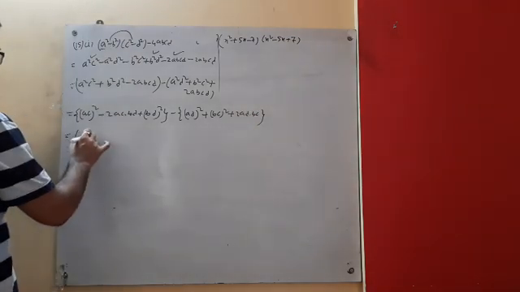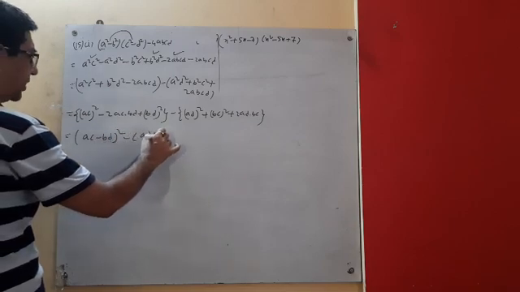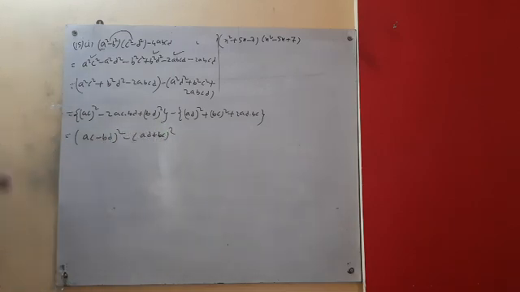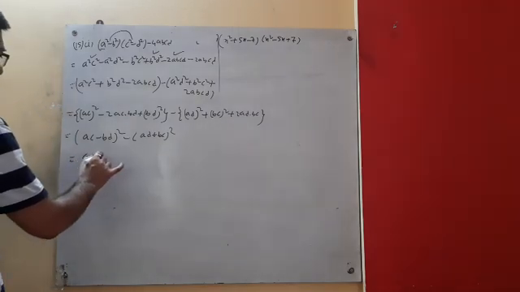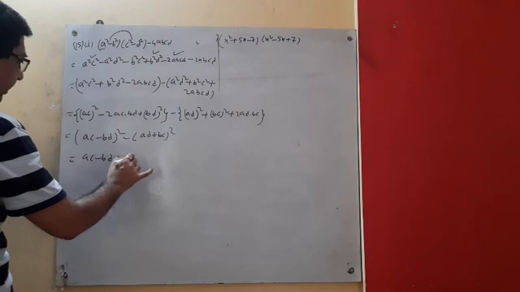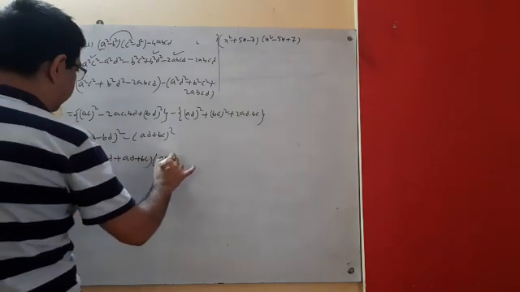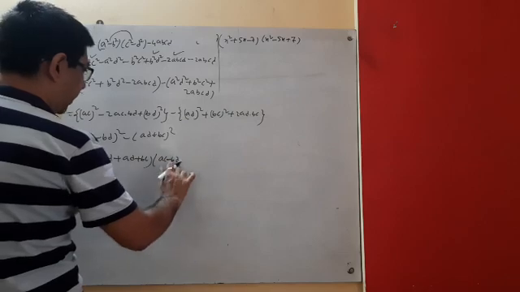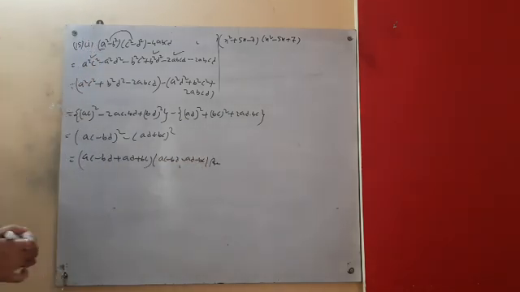So we are getting ac minus bd whole square minus ad plus bc whole square. Ultimately, it is in the form of a square minus b square. Now we apply the formula a plus b, right, into a minus b, ad minus b.